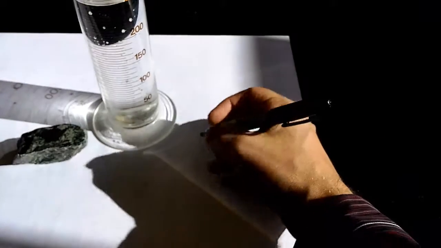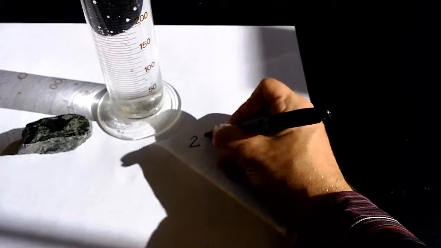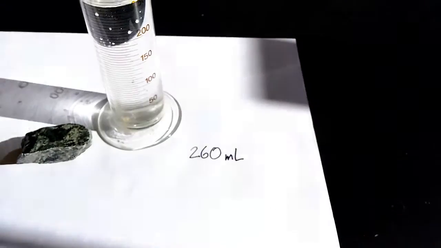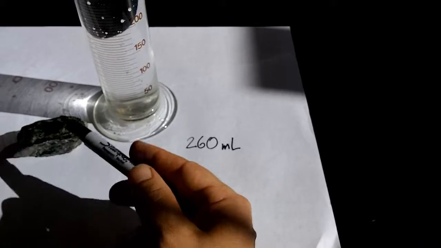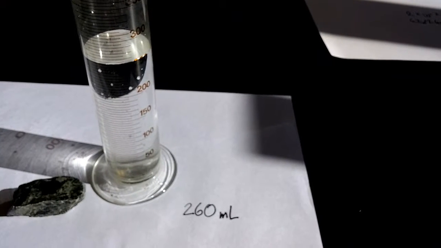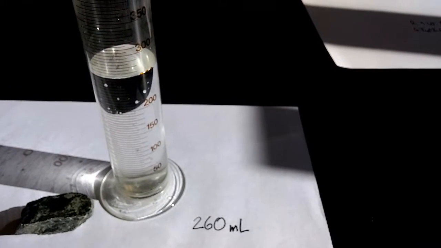Since I know this is at 260 milliliters, I now know that when I put the rock in and it sinks, the amount that it goes up will be equal to the volume of the rock. So let's try it.